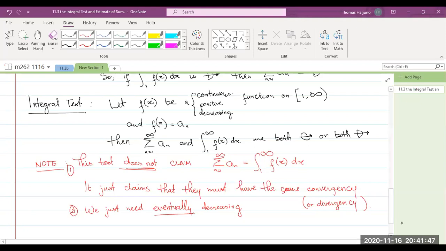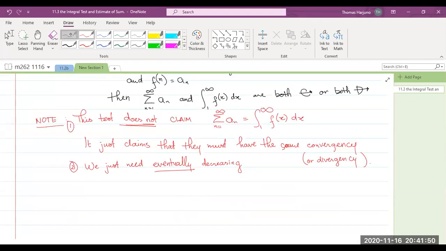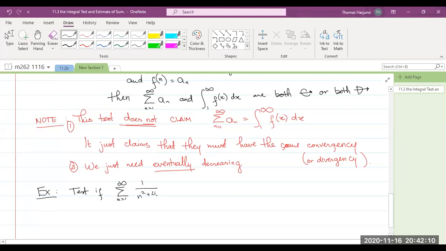Okay, one classic example. Test if this series of, let's say, 1 over n squared plus 4 is convergent or divergent.